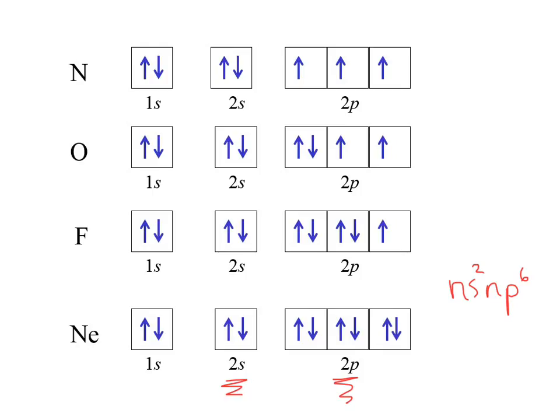Of course, if we add 2 plus 6, we get 8. And that 8 electrons is that magical octet. Atoms will lose electrons to get an octet, atoms will gain electrons to get an octet. Heck, atoms will even share electrons to get an octet. So that is a rare gas configuration.